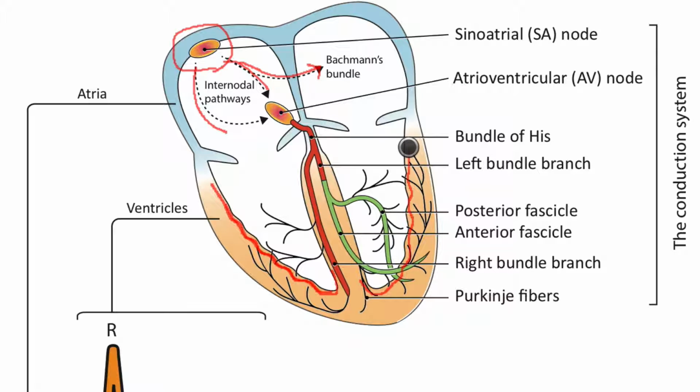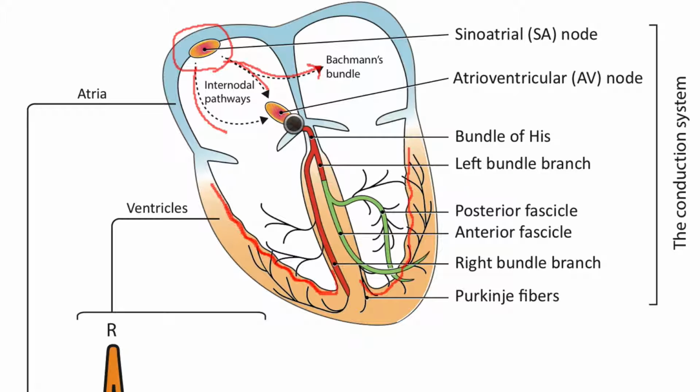Let's repeat that. The cardiac cycle begins in the sinoatrial node. The cells in the sinoatrial node discharge an electrical impulse or an action potential, which will spread through the right atrium initially and then to the left atrium. And then the impulse will arrive at the AV node, where it will be delayed slightly because of slow impulse transmission through the AV node.